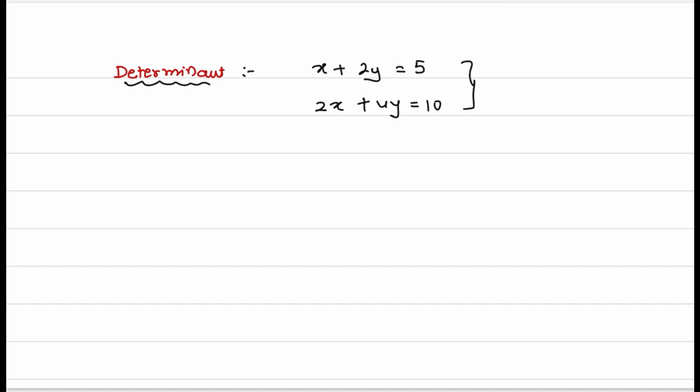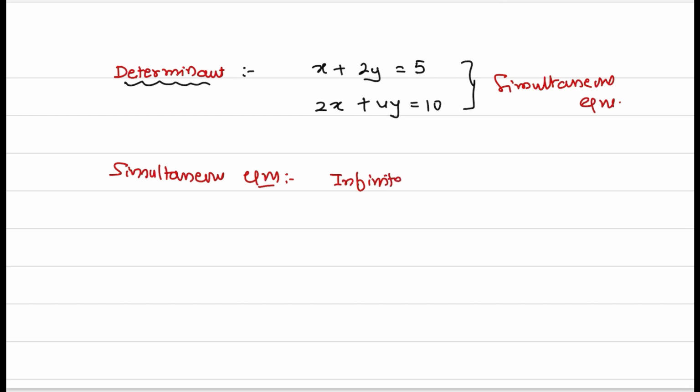Then we are analyzing the simultaneous equations. These are called simultaneous equations. In such a case, there can be infinite solutions, no solution at all, or a unique solution, because these are the possibilities.